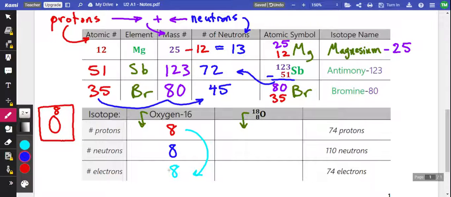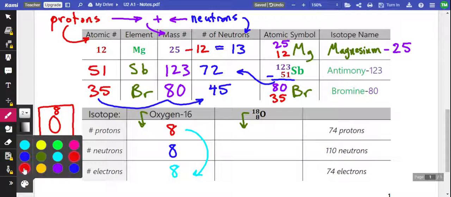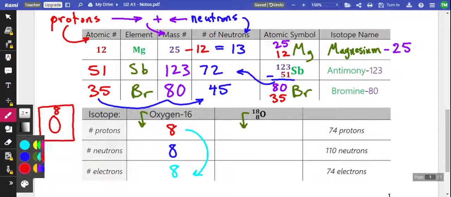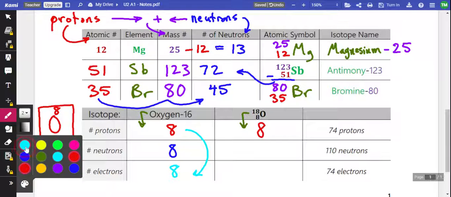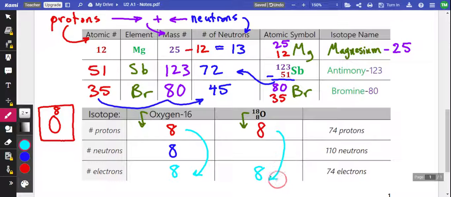Now in this case, all of these match, but it doesn't have to be that way. Be careful. It can be easy to fall into this trap of being like, oh, it's all the same number, 888. But let's look at this other version of oxygen here. This is still oxygen, so it's still going to have 8 protons and 8 electrons to match. Where this version of oxygen differs is its mass number.